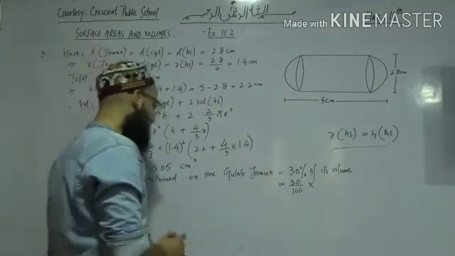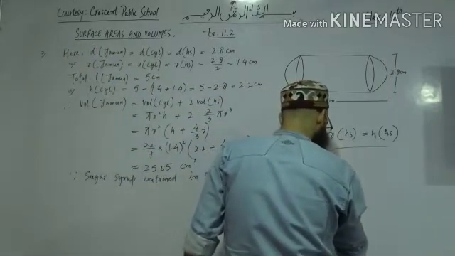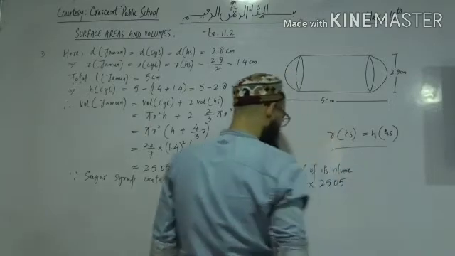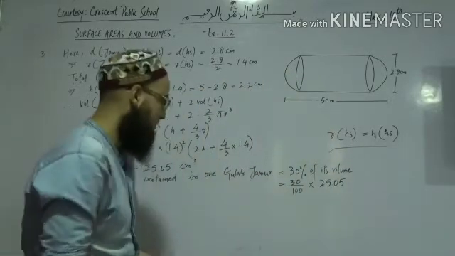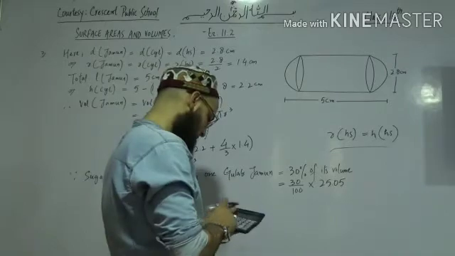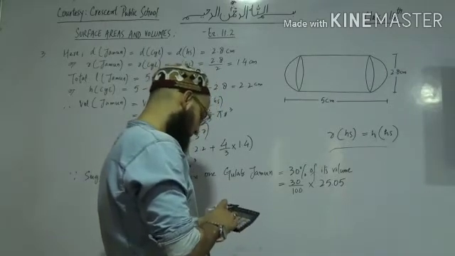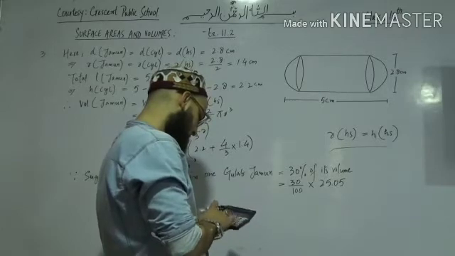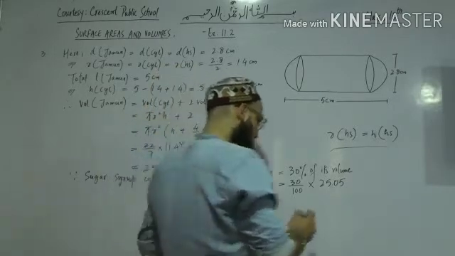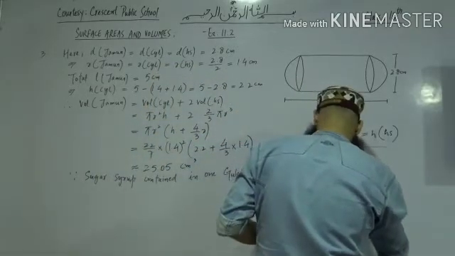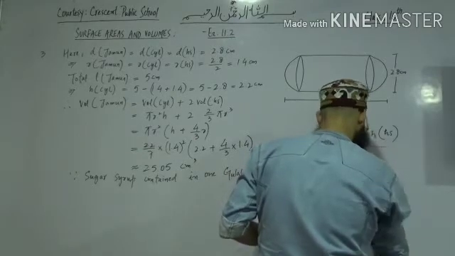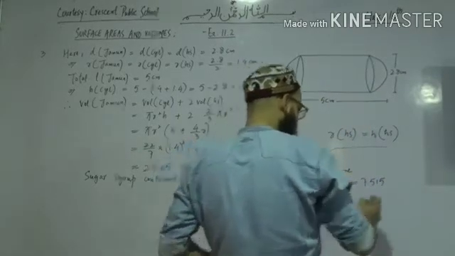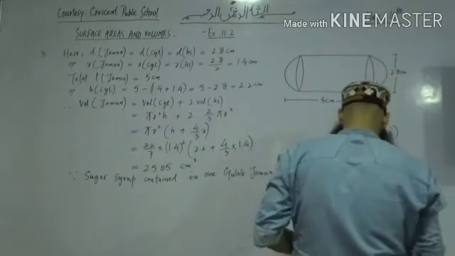Volume is 25.05. Now let me solve this: 30 times 25.05 divided by 100, and that will give you 7.515 cubic centimeter.